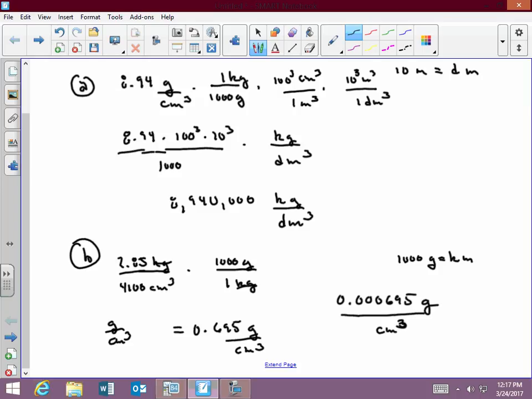Then you multiply that by 1,000 grams, and that moves the decimal place over 3 places. This is kilograms per centimeter cubed. Then you multiply that by 1,000, and that gives you 0.695 grams per centimeter cubed. So that's logical.